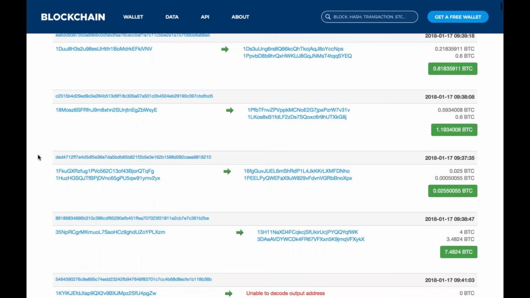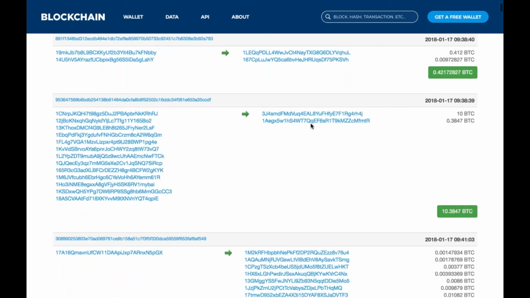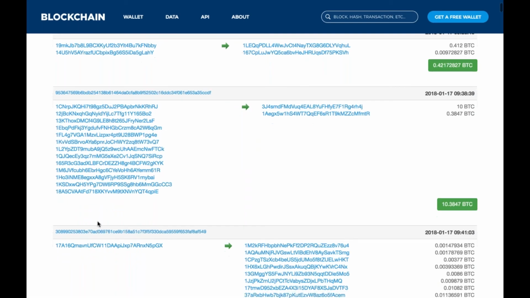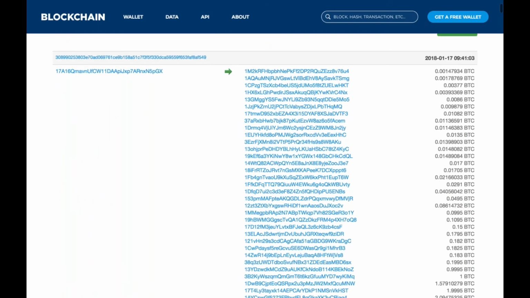Okay, so this way you can track your transaction online. The block reward to the miner, you can see here what is the block reward. So for a successful block creation, which has been created by this mining pool called btc.com, there is a 12.5 btc block reward which is given to the miners. I hope this is making sense.